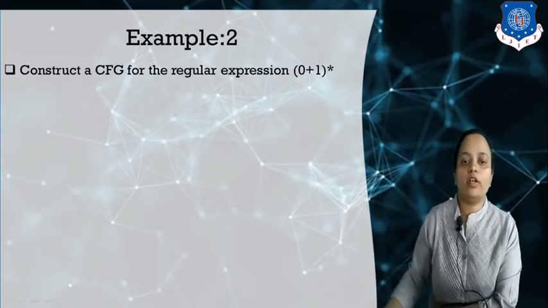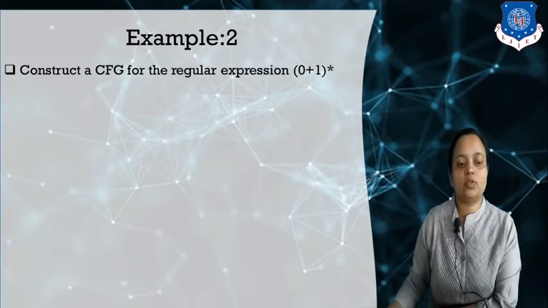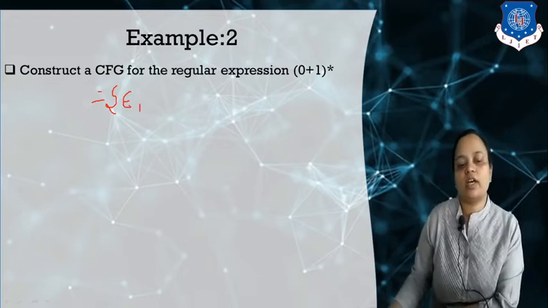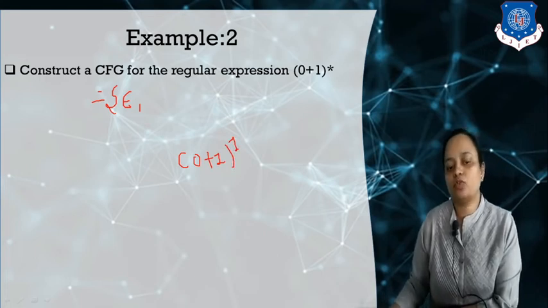So what kind of set of strings can this regular expression contain? For star, it always contains a null string because star is repeated 0 or more times. Now in place of star, if I put 1, it means that the term is repeated 1 time.